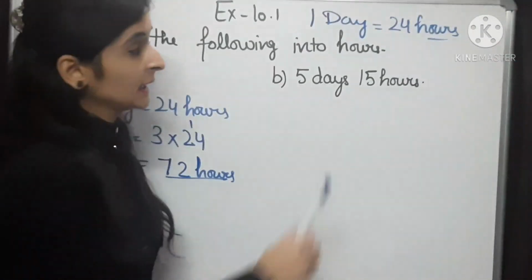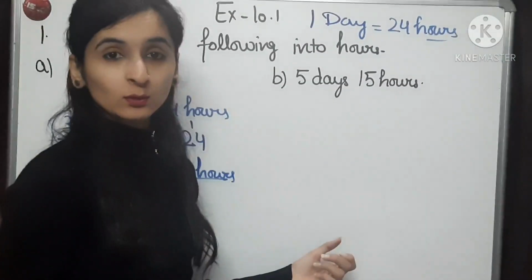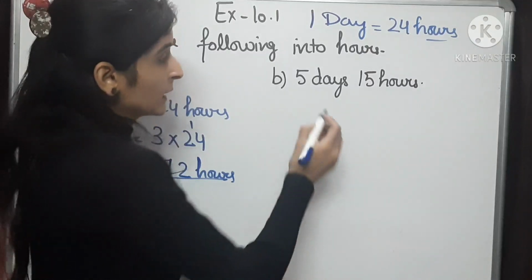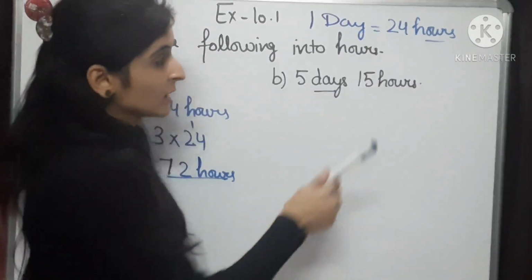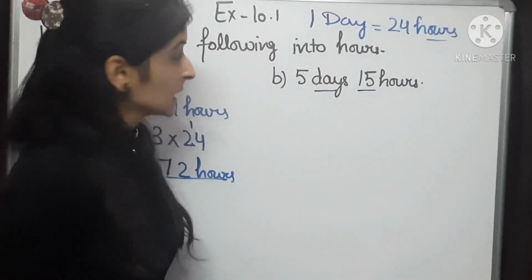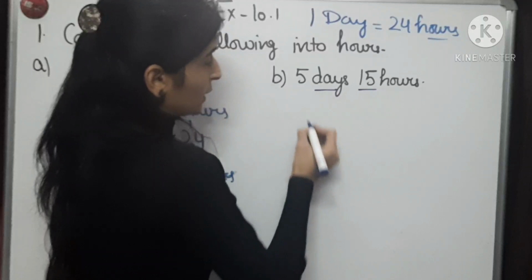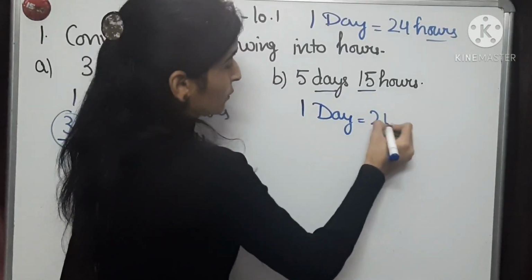Here we have given in days and hours. So for converting it into hours, what we will do? First of all, we will convert these days into hours, and then we will add those hours to this 15 hours, right? First of all, let us convert this. 1 day is equal to 24 hours.